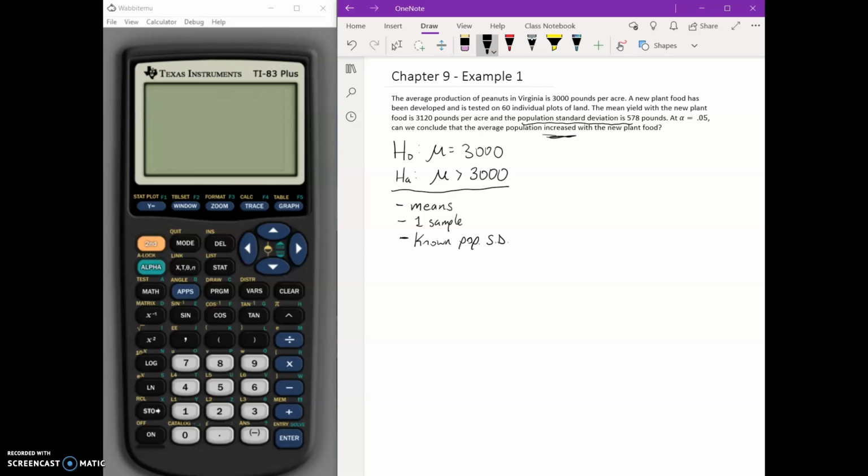And then the other claim to just become familiar with, I mentioned it in the video just briefly, is that we have a one-tailed test. Now, this doesn't really lead to too much of a difference at this point, but again, it's just terminology that, if you take more statistics, you just want to become familiar with. Okay, so we're going to be doing a test with means, one sample, and we have a known population standard deviation.